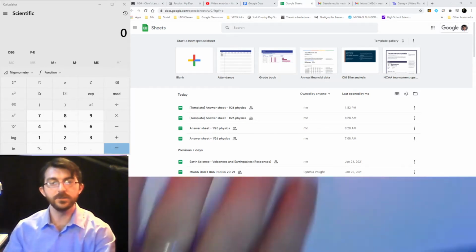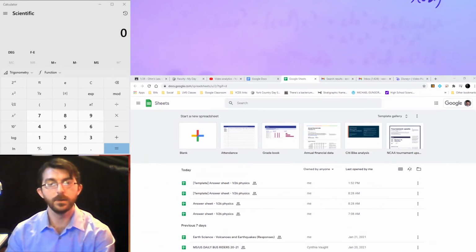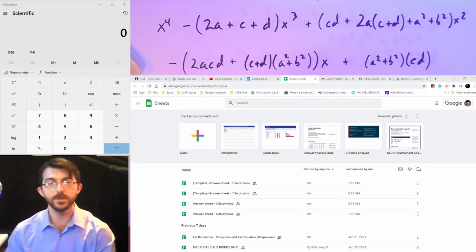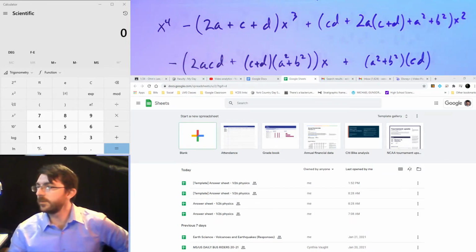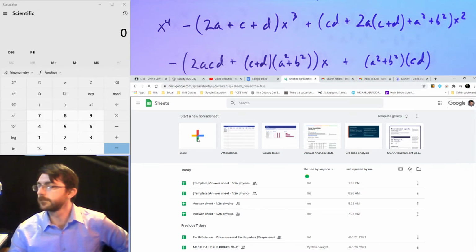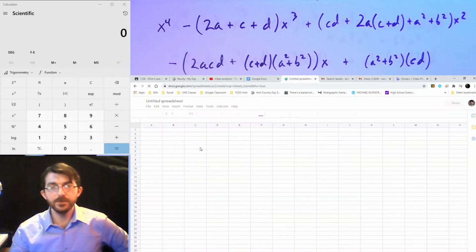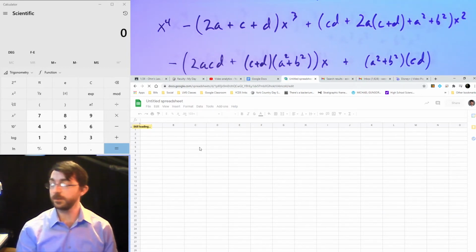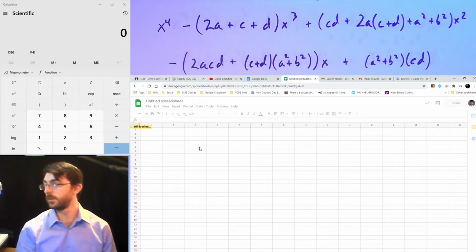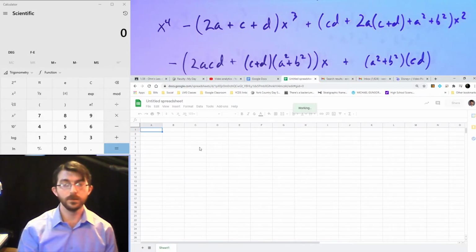Actually be easier for me to switch them. Oh, there it is. Okay, so there's the polynomial that I want to make. Okay, so if I make a new sheet, let me see if I can zoom in to make this look a little better. A little easier to see.